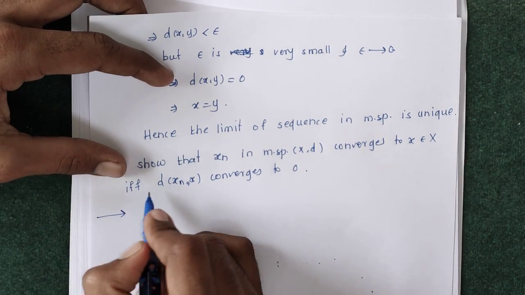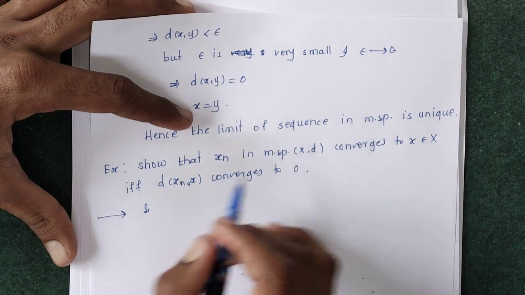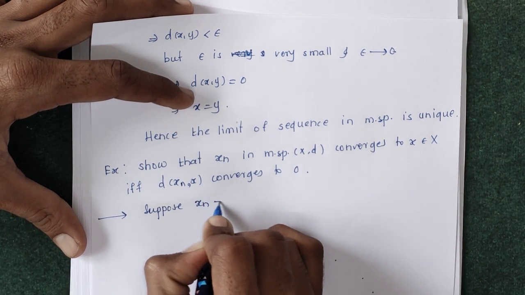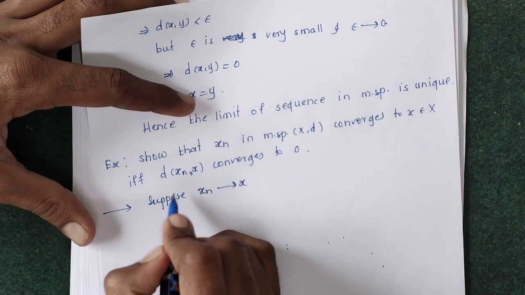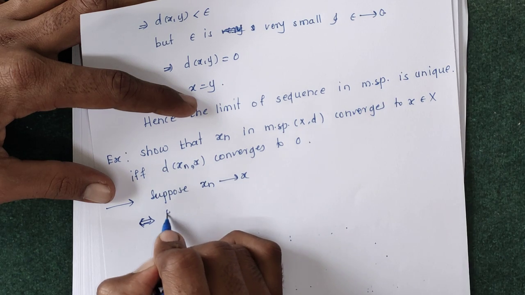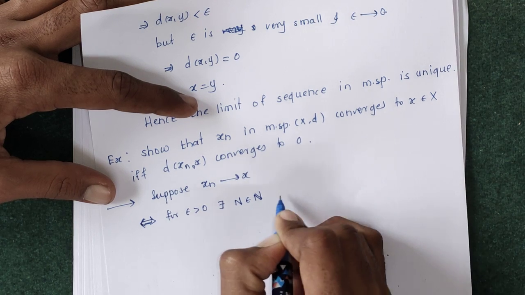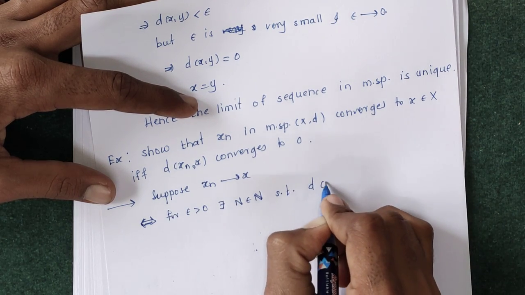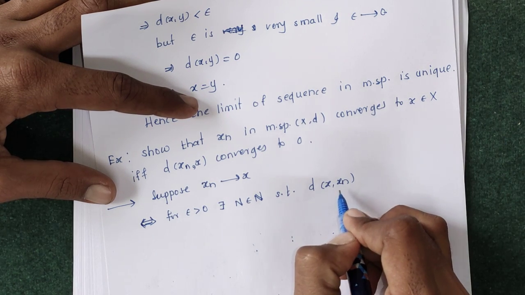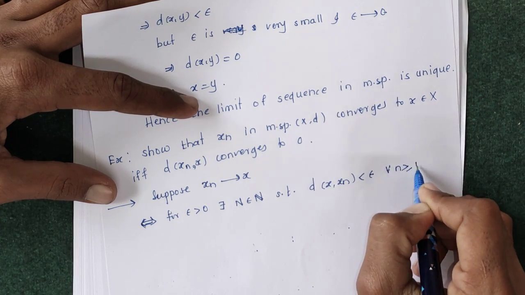So, to solve this example, first of all we will suppose the sequence xn converges to x. By definition, this holds if and only if for epsilon positive there exists some natural number n such that xn belongs to the epsilon-neighbourhood of x, meaning the distance between x and xn is less than epsilon for all n greater than or equal to n.